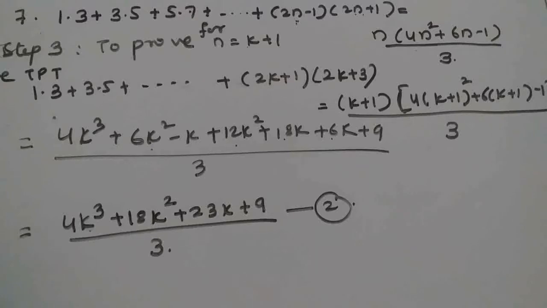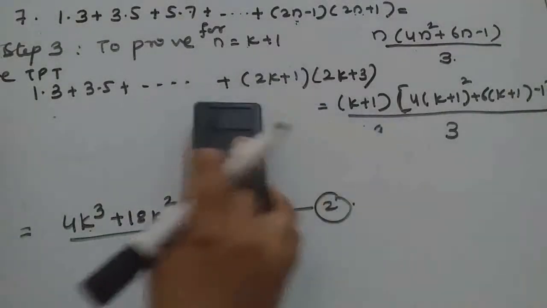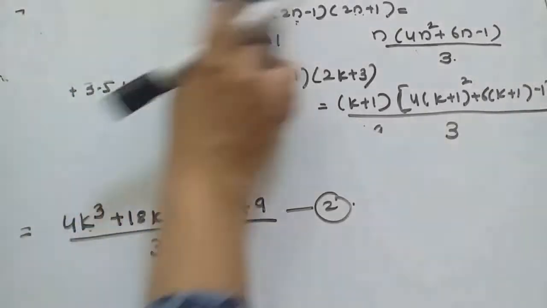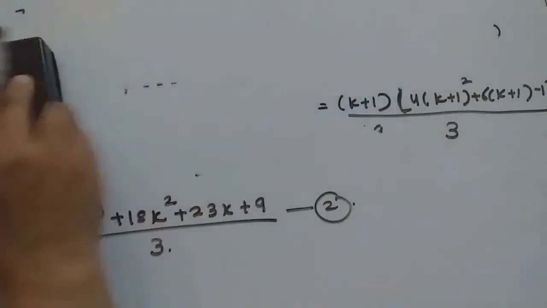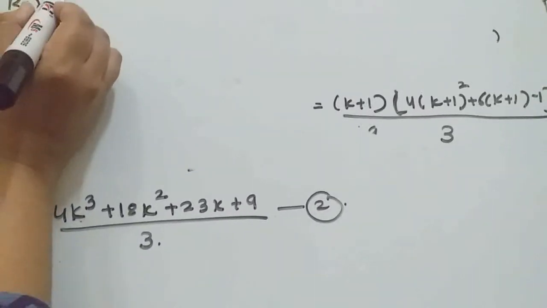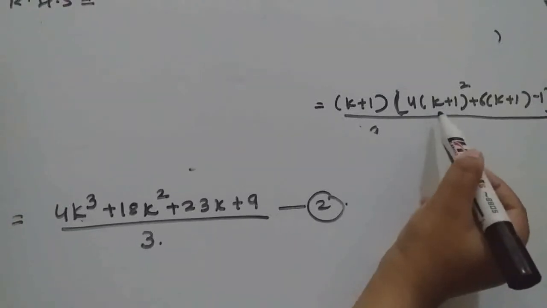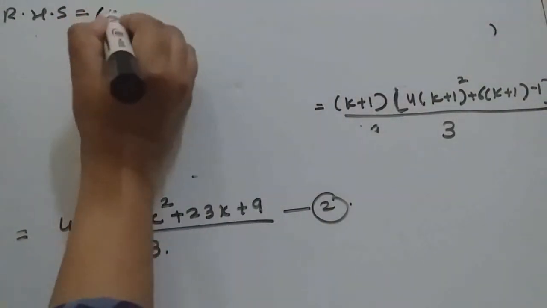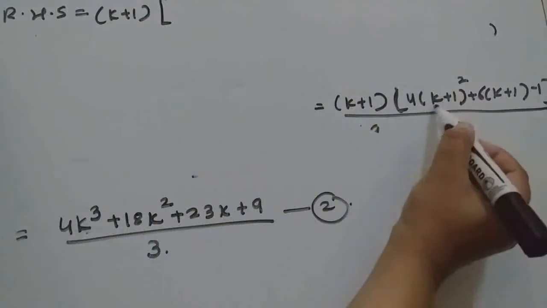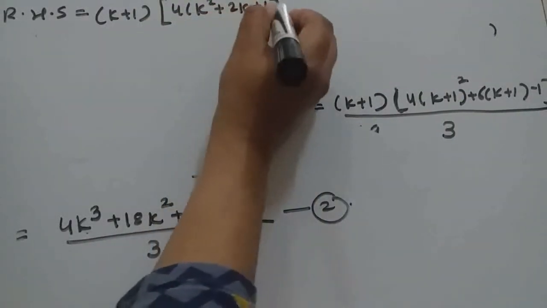So now consider RHS also. This we need here, so I will keep this here only. So RHS, consider RHS. See, first we will open this bracket. So k plus 1, open using identity, k square plus 2k plus 1.